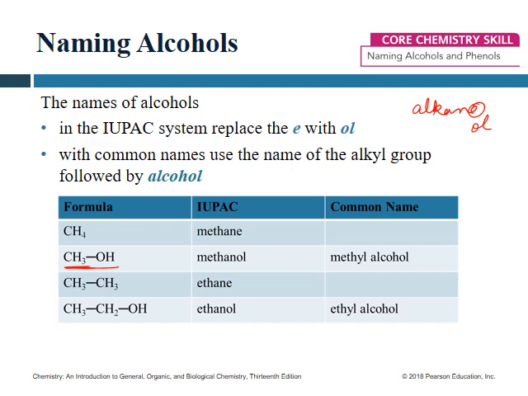So the name would become alkanol. That is how alcohols are named. You replace the ending E with OL. So for instance, what is this compound? It has one carbon and one hydroxy group. When I see hydroxy, I know this is an alcohol.